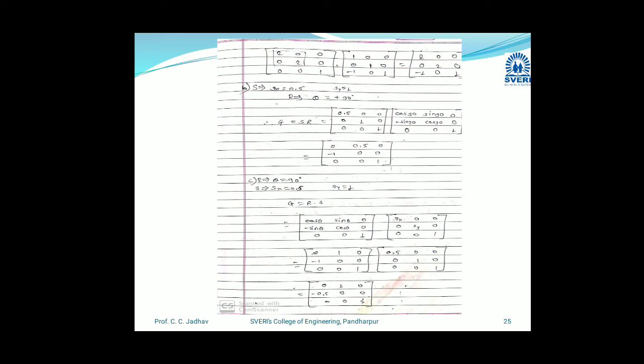So for the second bit: scale the x direction to half as large and then rotate anti-clockwise by 90 degrees. In the x direction they have given half, but they have not mentioned the other direction. So for that we have to consider the unit value, which is why we consider Sy equal to 1, because the scaling is then a ratio of 1:1.